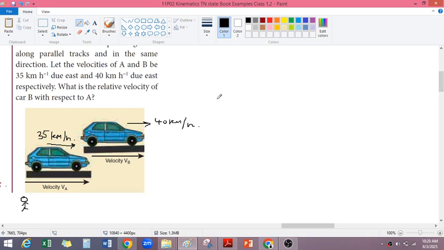How to do it in the formula? Velocity of B with respect to A is equal to velocity of B minus velocity of A. Velocity of B is 40 minus 35, so that means it will be 5. That's all.